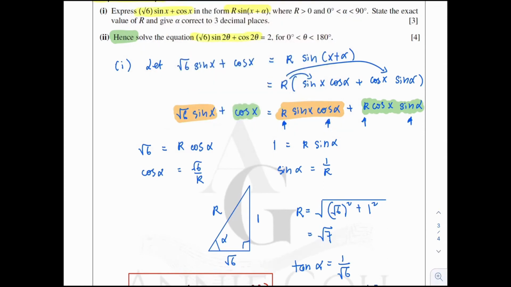This and this look the same, except for the 2 theta. The x is changed into 2 theta. So to solve this equation, we can just make use of part 1's answer, but remember to change the x into 2 theta and equate the whole thing to 2.